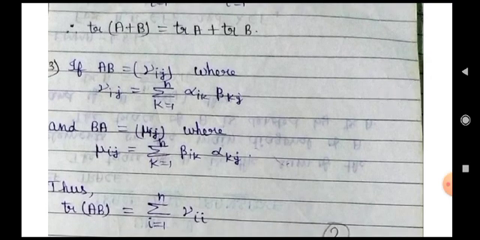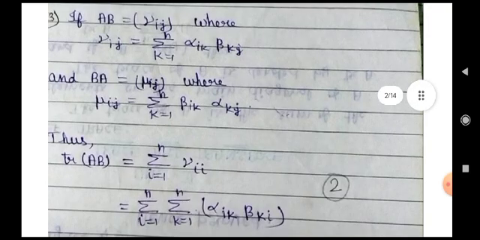Therefore, trace of A plus B equals trace A plus trace B. And finally, if AB equals (gamma ij), where, as in the previous part, A equals (alpha ij) and B equals (beta ij). Combining this AB, we get a new matrix, namely gamma ij, where gamma ij equals summation k equals 1 to n alpha ik into beta kj, and BA equals (mu ij), where mu ij equals summation k equals 1 to n beta ik into alpha kj.